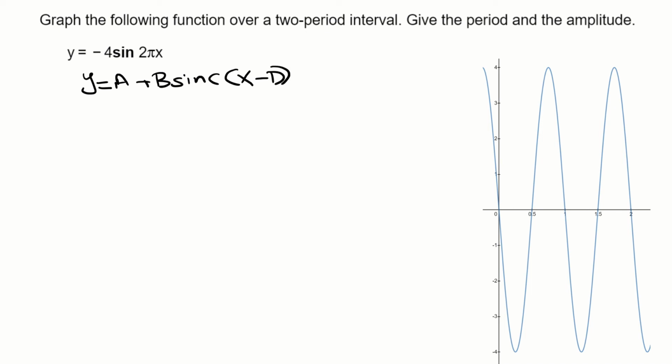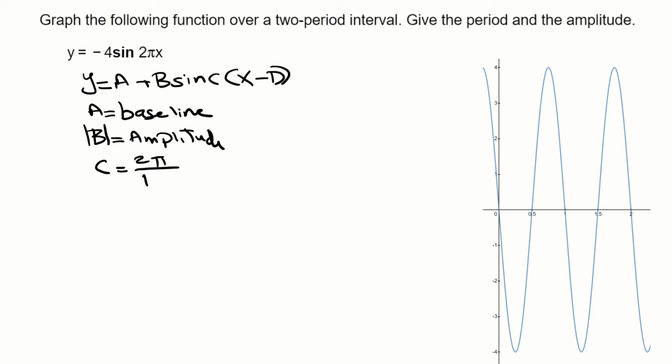Now in this scenario, A is going to be the baseline, B, rather the absolute value of B, will be the amplitude, C is 2 pi over the period, and D is the phase shift.